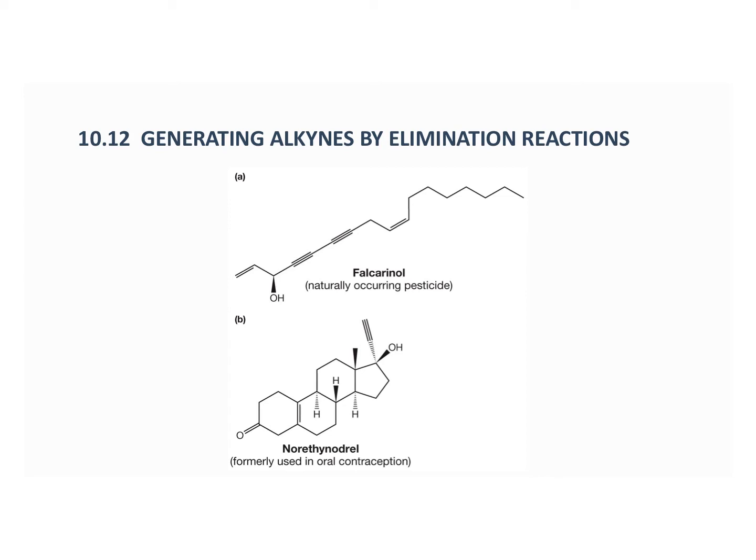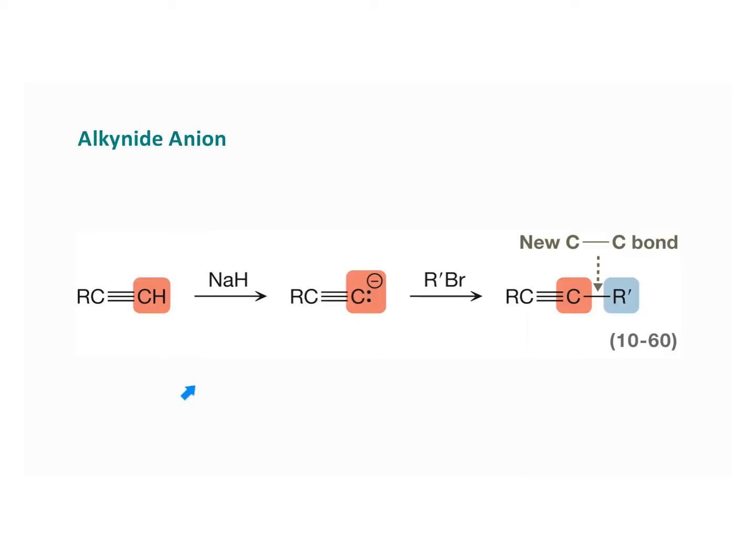So honestly, alkynes aren't found in nature as much as alkenes are, but we do use them in industry and synthesis. So for example, remember from chapter 9 that the terminal alkyne, so this is a terminal alkyne. Terminal alkyne just means it's going to be at the end of the molecule.